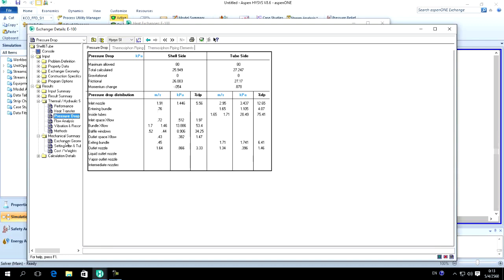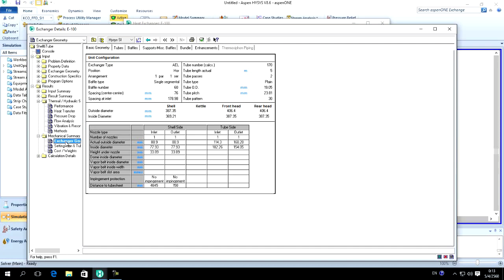What else do you have to turn in? The heat exchanger geometry. So this is telling about 170 tubes for 5 meter long, 2 tube pass, and then the tube outer diameter, and the tube pitch with a 30 degree. And the diameter for the shell, you have the front head and the rear head.